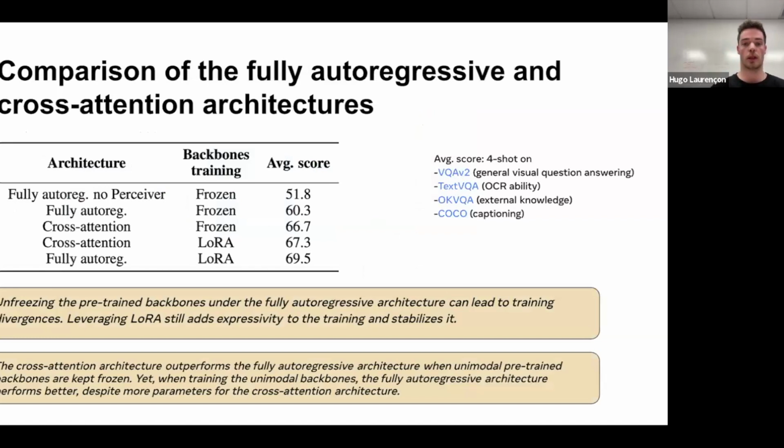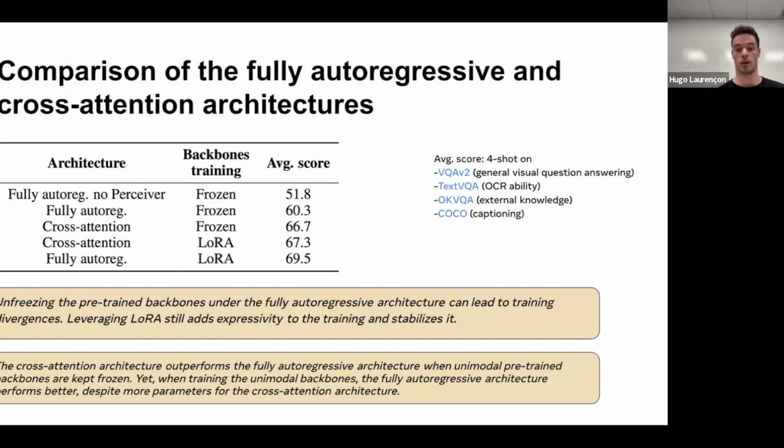So the first thing we did was to compare these two architectures. We did this on several different setups. First of all, we reported the scores during the pre-training as the average score with 4 shots on VQA V2, TextVQA, OK-VQA, and COCO.